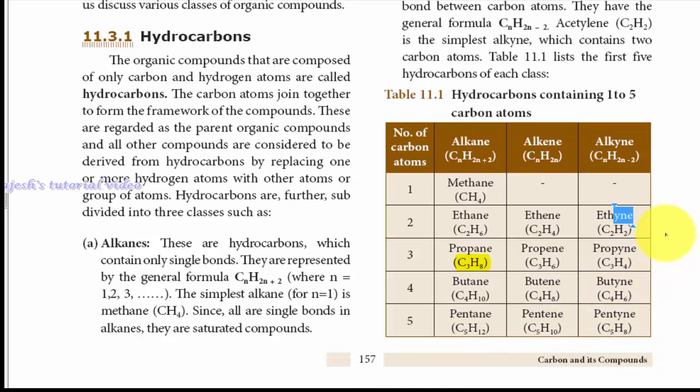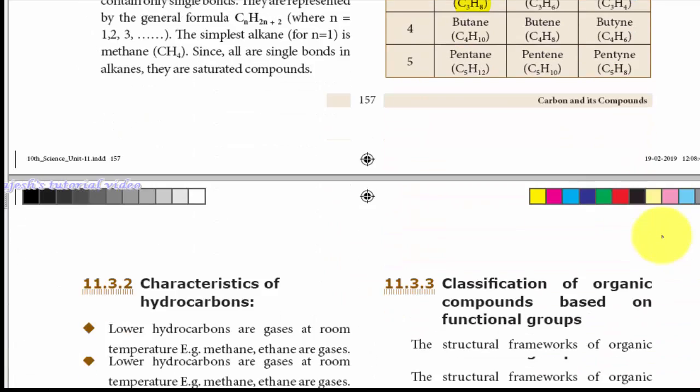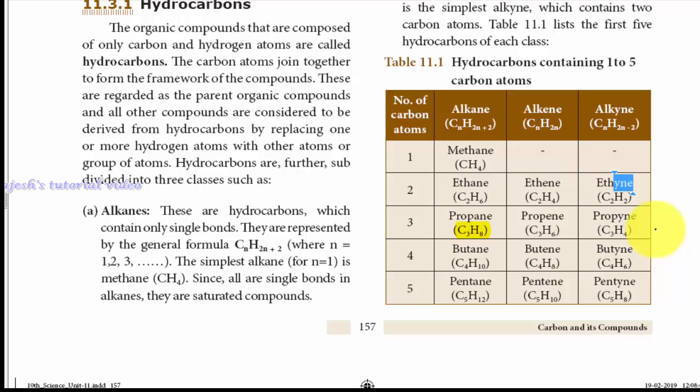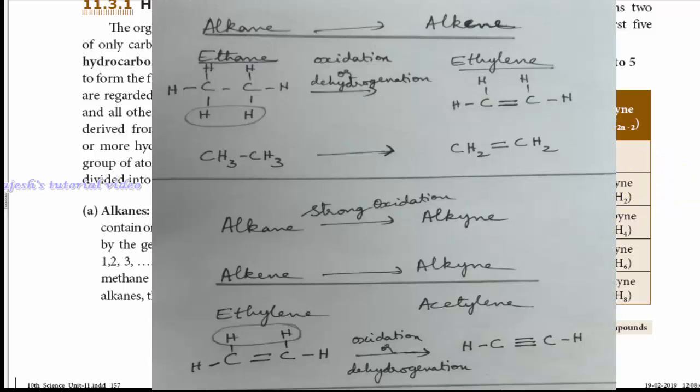How does unsaturation occur from an alkane, how are alkenes and alkynes, with double and triple bonds, formed? For example, if you take ethane, when oxidation or dehydrogenation occurs, a hydrogen atom from each adjacent carbon is sent out.